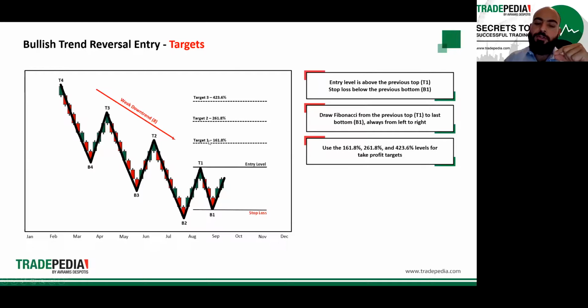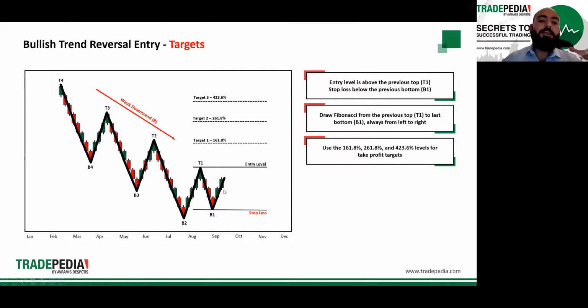I will use the 161.8 projection level as target 1 and the 261.8% as target 2. Of course, target 3 will be at 423.6, but for now, I need you to forget about target 3. How do we exit this entry strategy?